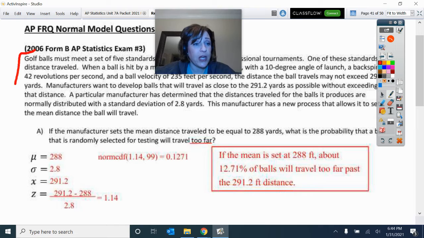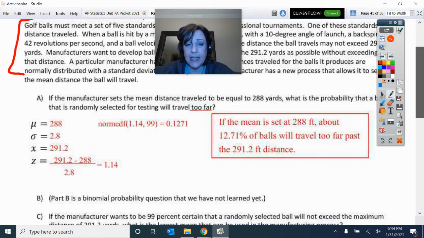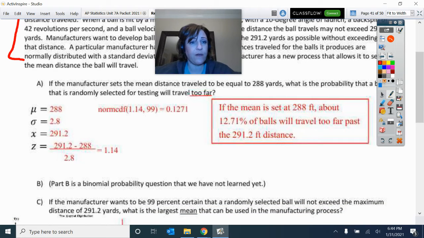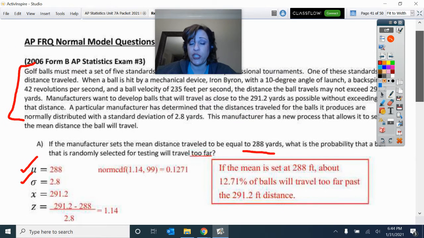So they were a bit wordy, but you've got to learn how to read a prompt and not just comb it for the numbers. You have to be able to read and talk about what it's asked, see what it's asking for. So here we had a mean distance of 288 and the standard deviation of 2.8, and we wanted to know what proportion of these golf balls travel too far.